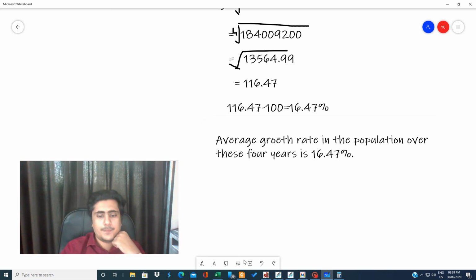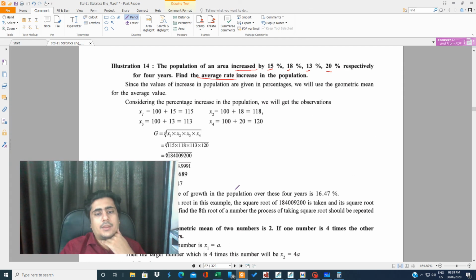Okay. So the average rate of growth over these 4 years is 16.47.